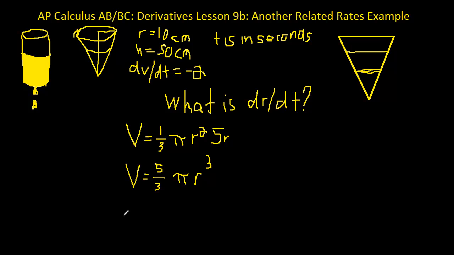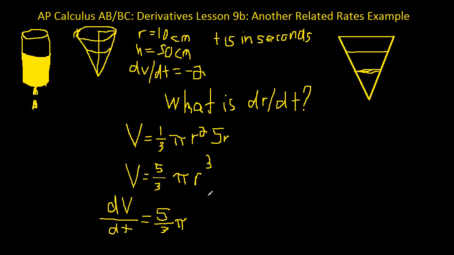So that said, let's go right ahead and take d/dt of both sides of this equation. So the first side is easy, dV/dt equals 5/3 pi. This part doesn't change because it's a constant.